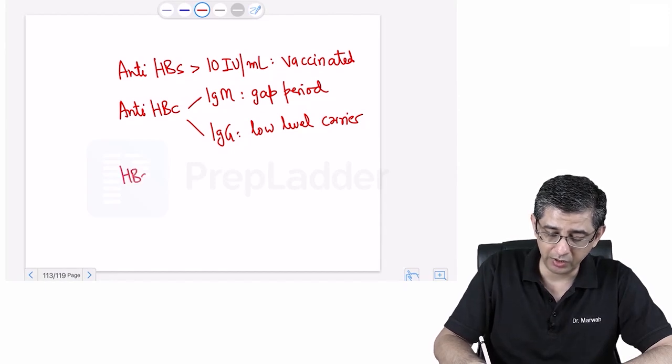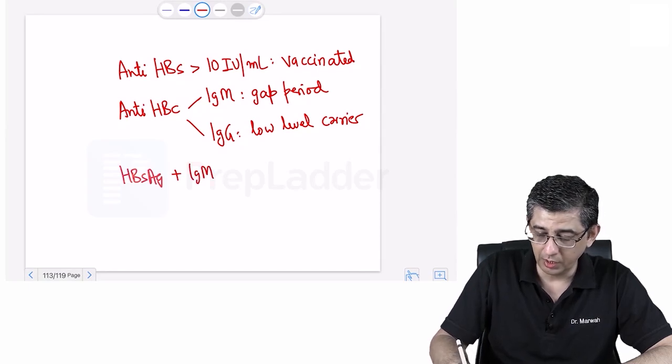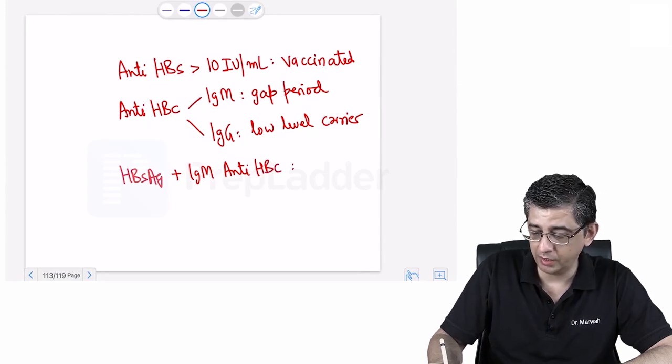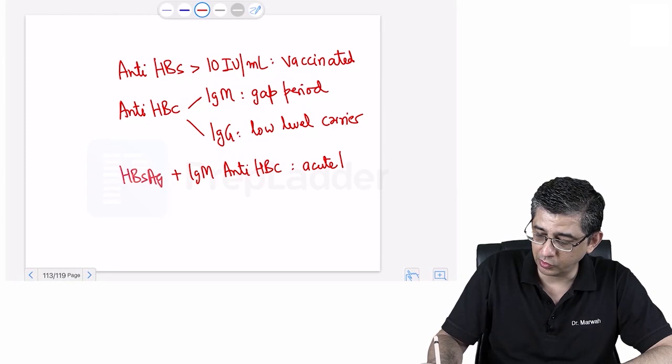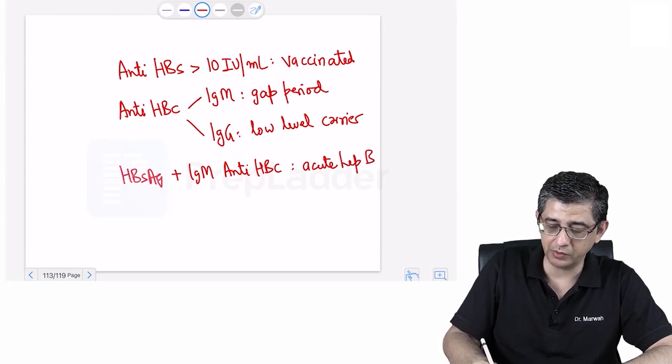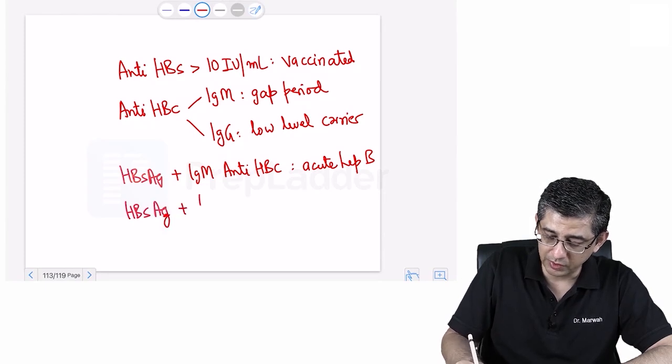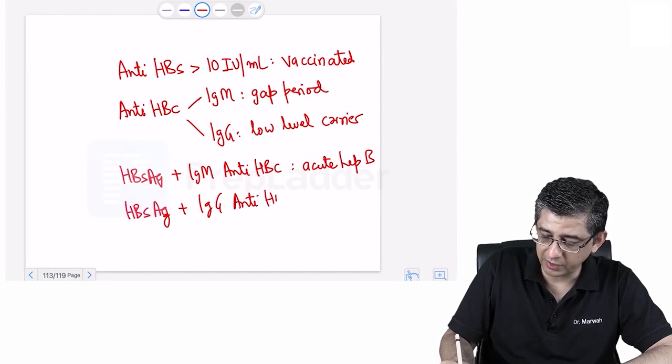And just to set the record straight, just to make you practice here, both of these should be documented to say, in multiple choice questions, that this is acute Hep B. Without this, never comment upon whether it is acute versus chronic infection.